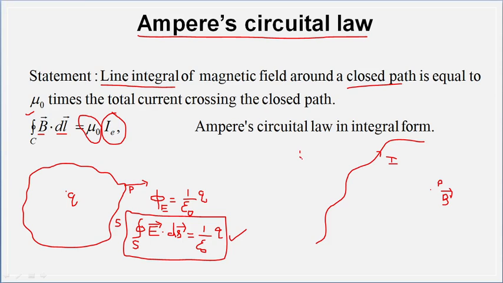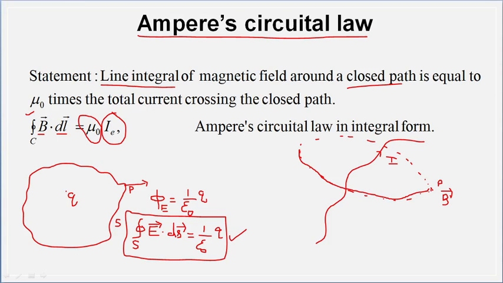Now, this closed path should be chosen in such a way that the point where you find the magnetic field lies on that closed path. So this is that closed path we have chosen around that wire, so that the point where you are finding the magnetic field lies on that path, just like in electrostatics, the point where you were finding the field was lying on the closed surface.